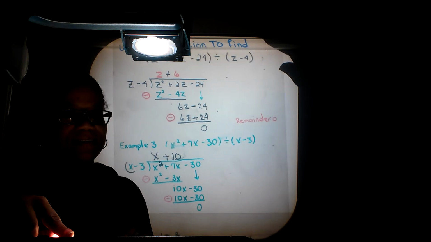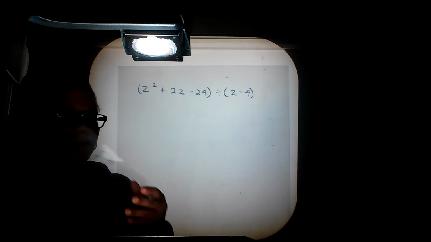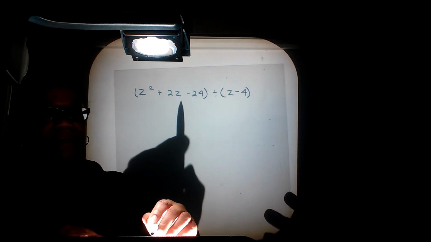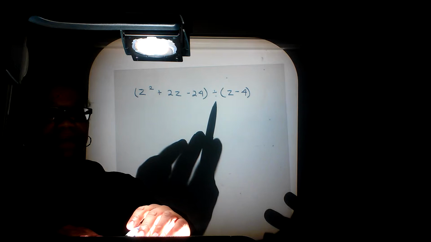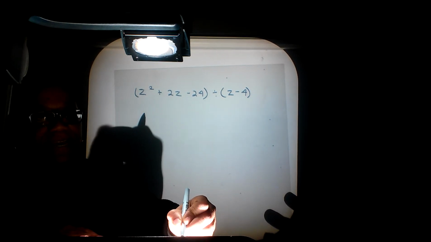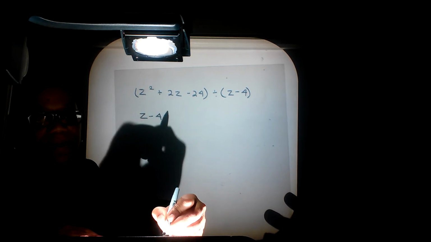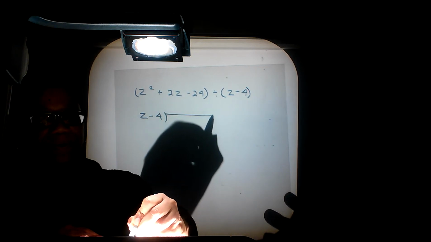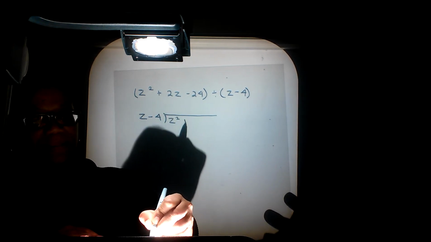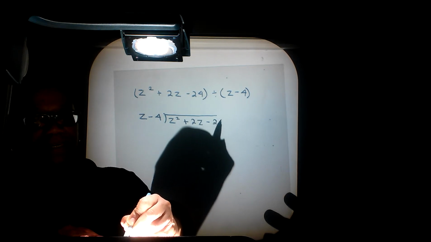Okay, you should have this. You have z squared plus 2z minus 24 divided by z minus 4. We're going to divide z minus 4 into z squared plus 2z minus 24.